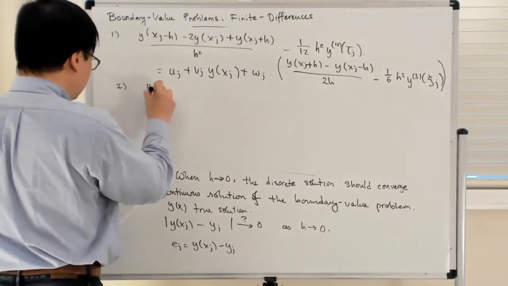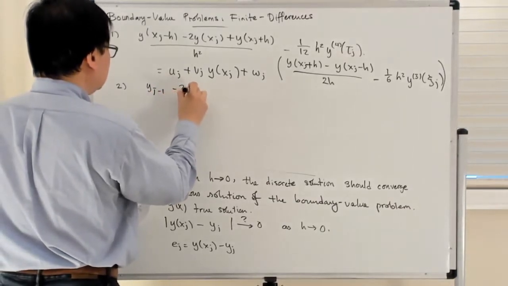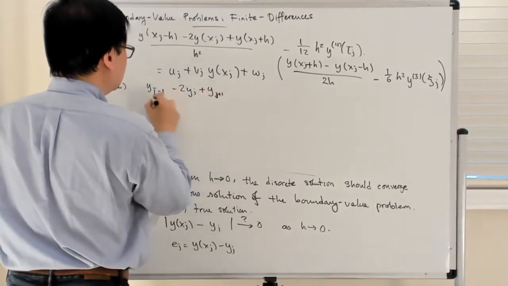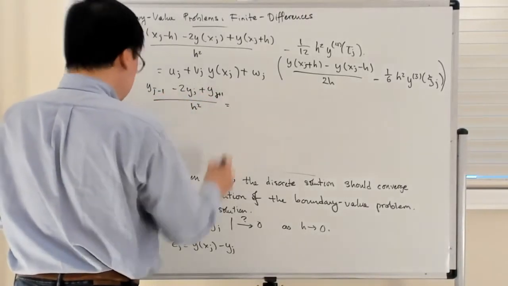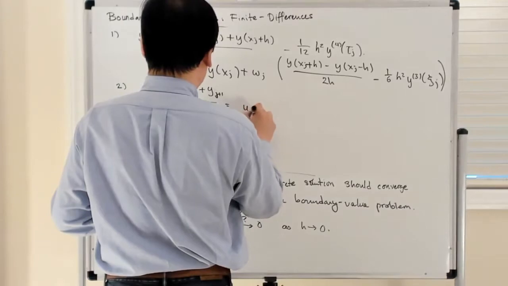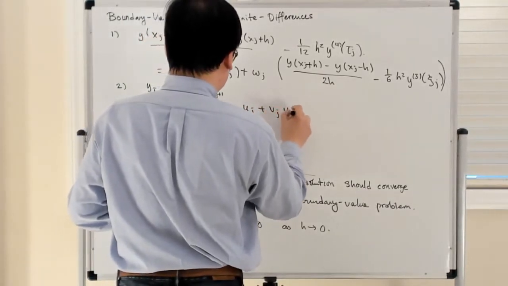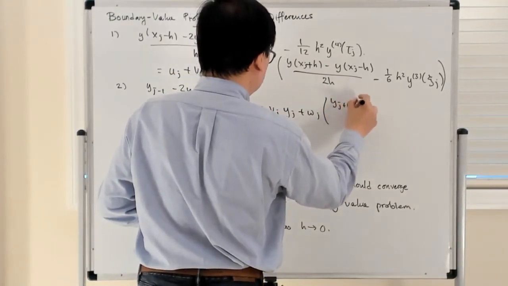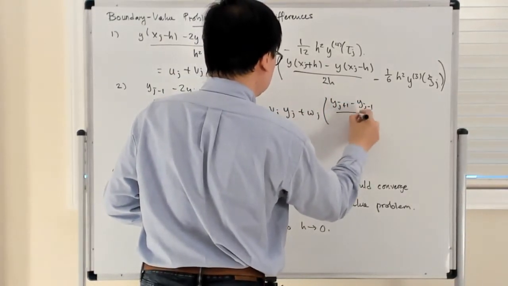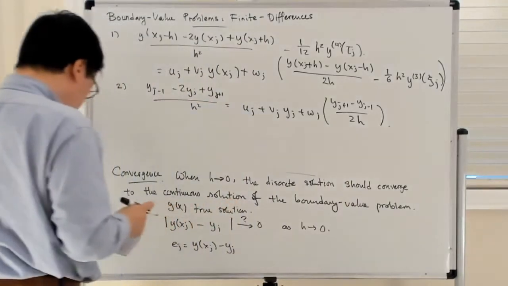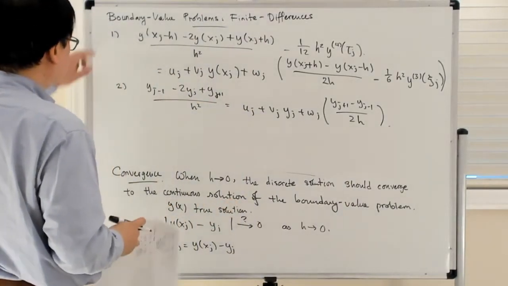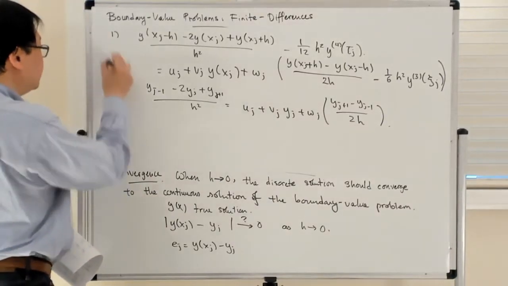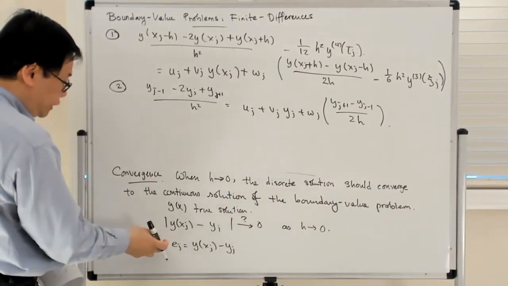So yj minus 1 minus 2yj plus yj plus 1 over h squared is equal to uj plus vj yj plus wj times yj plus 1 minus yj minus 1 over 2h. Okay, so subtracting the first from the second equation allows you to write down an equation involving the error terms.